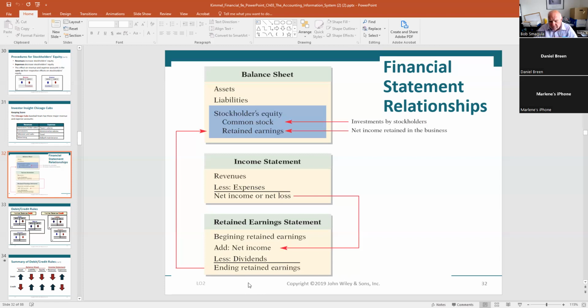Beginning retained earnings, the retained earnings on January 1st, plus the January net income, minus any dividends paid during the month of January, gives us the January 31st retained earnings. And when we get those numbers, we can bring them up to the equity section. We bring the retained earnings up to the equity section, and we've updated, okay?